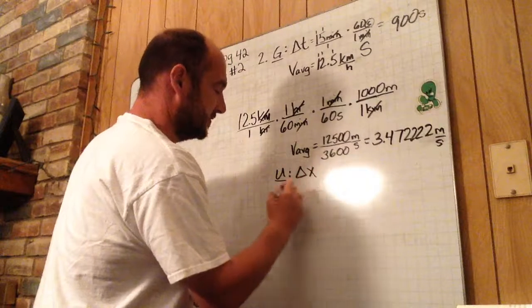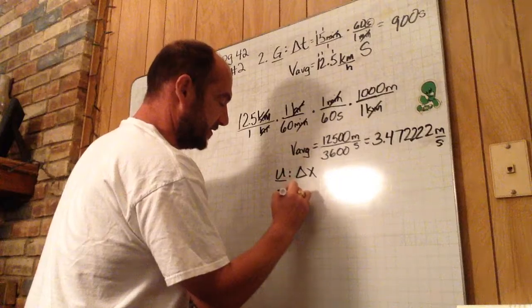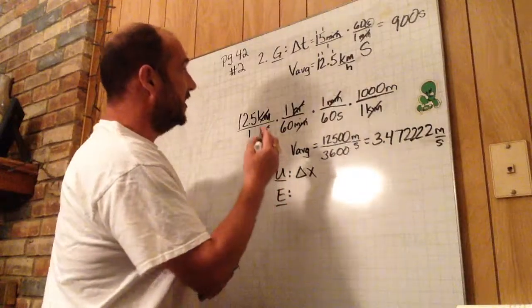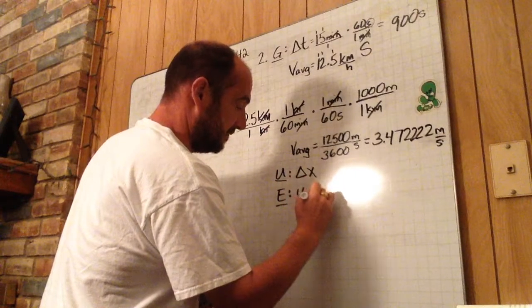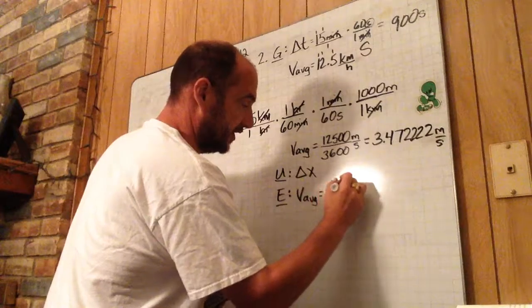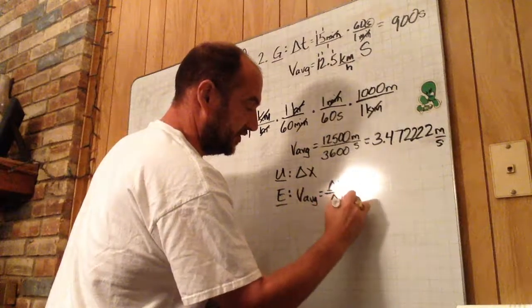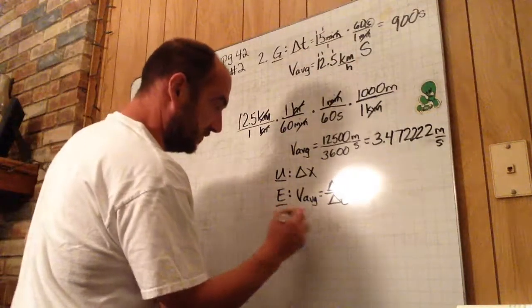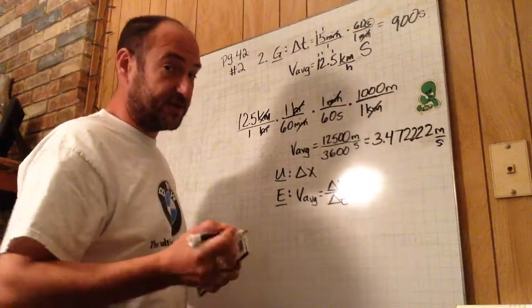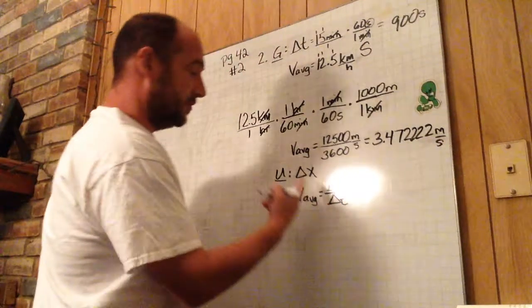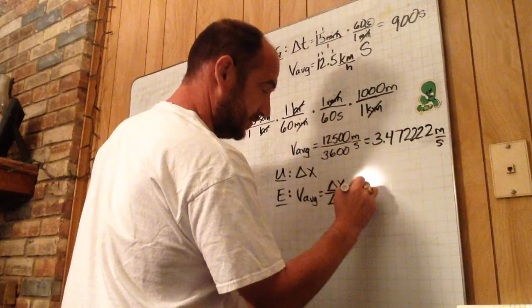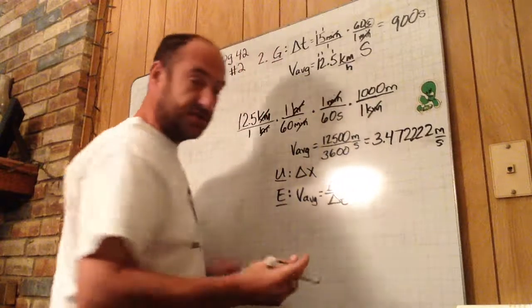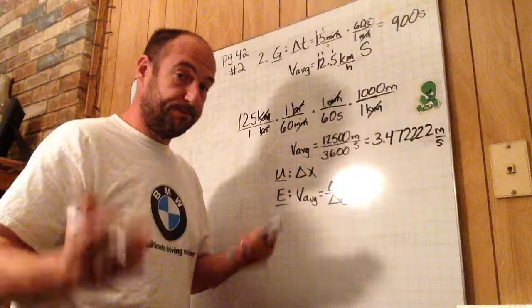Okay, delta X. The equation that I have so far to find delta X, change in position, would be average velocity equals change in position over change in time. He gave me a time, 900 seconds. So we're going to go over here. Let's do the rearrangement first, where they want me to find delta X. Delta X is on top, so delta T is on the bottom. Multiply both sides by delta T over 1, which is anything over 1 is just the anything.